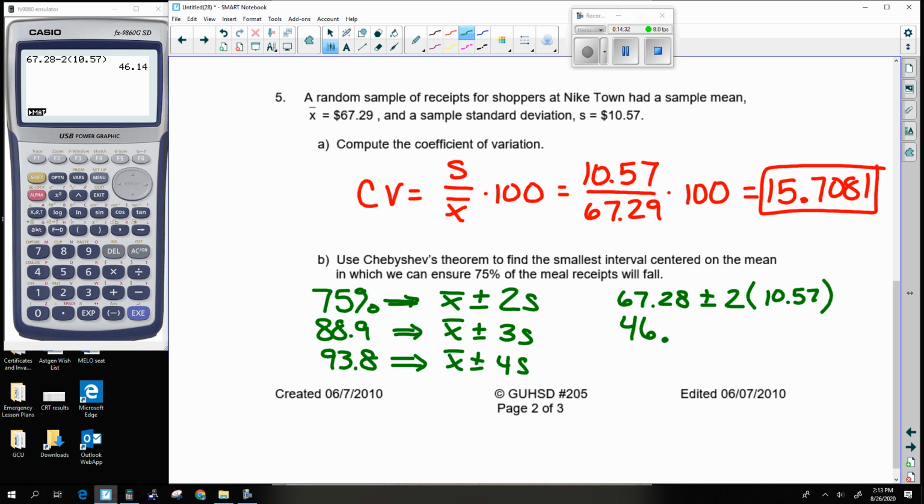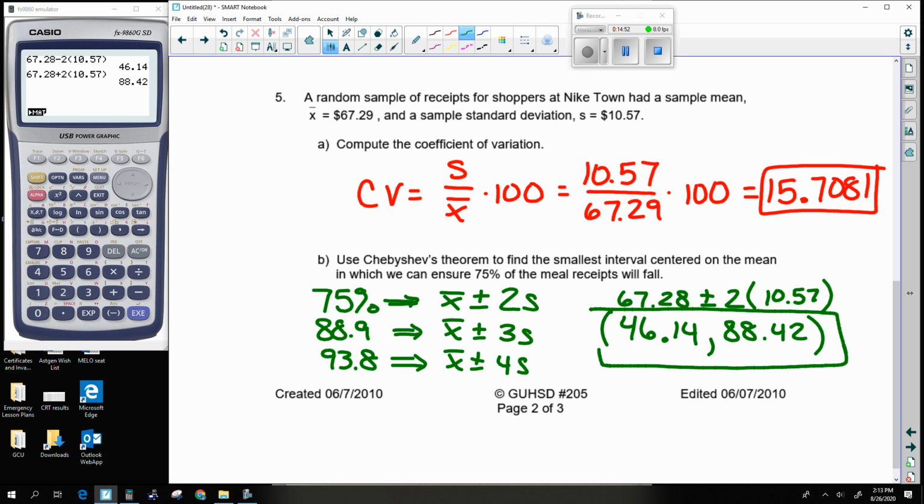So that obviously gives me a smaller number. And the larger number would be the 67.28 plus 2 standard deviations. And so that is my interval.